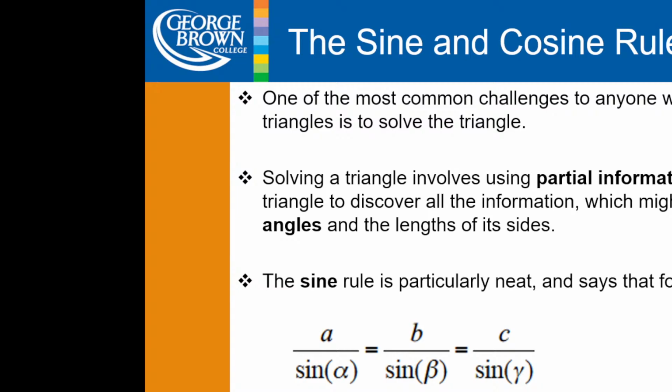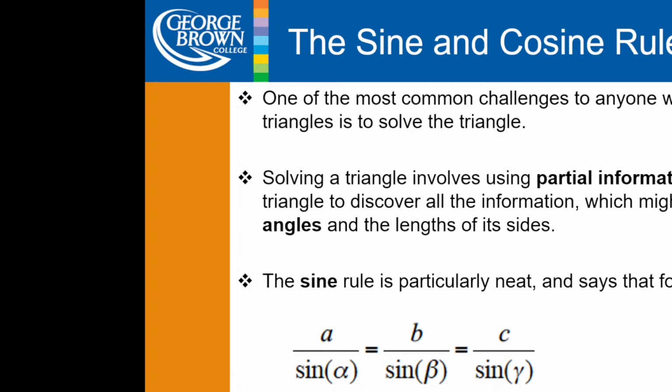This is a very important rule, the sine and cosine rule. This is the sine rule, and the sine rule basically defines the relationship. Way back, remember, we saw a bunch of slides ago, we saw a bunch of angles, alpha, beta, gamma, at the corners. And then we saw little a, little b, little c. That's the opposite side.